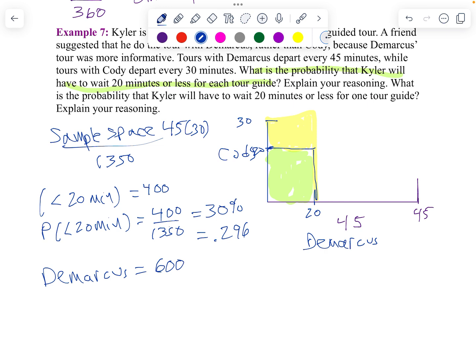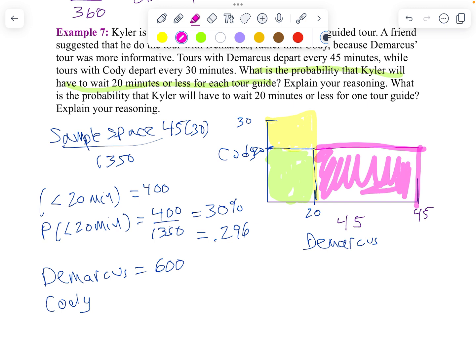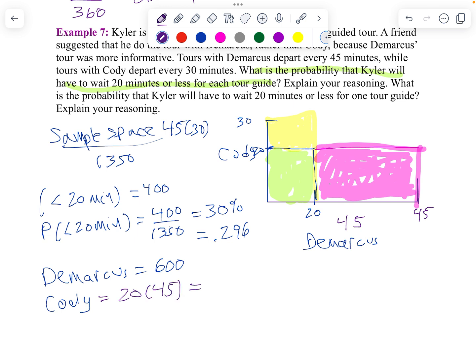Now let's do Cody. Cody would be less than 20 minutes. So that will be 20 times 45 then, wouldn't it? That'll be that rectangle. So Cody is going to be 20 times 45, which is 900.